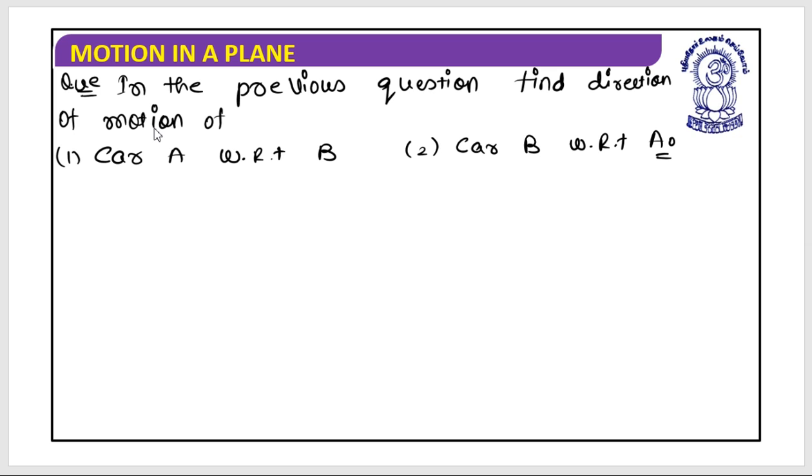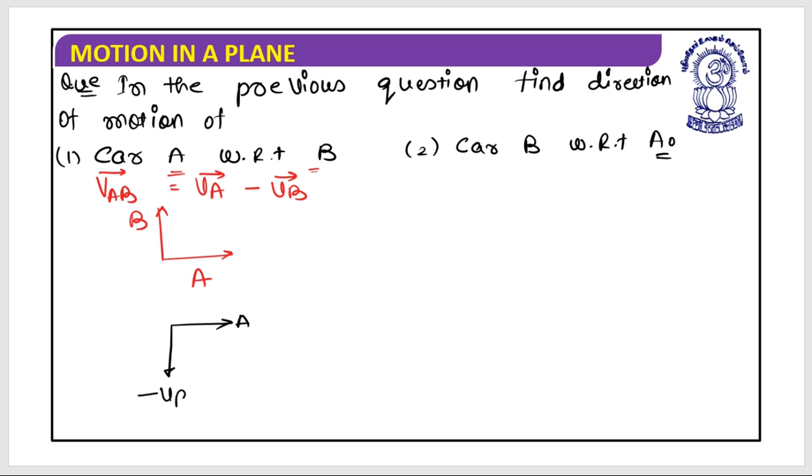So how should I do this? Let's have a rough sketch first. The situation was, this is the velocity or motion of A, and this is motion of B. When I say car A with respect to B, I want the velocity of A with respect to B, VAB. That means I require VA minus VB. To generate a minus of VB, I need to produce a negative vector of the same.